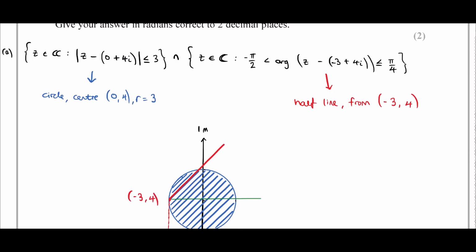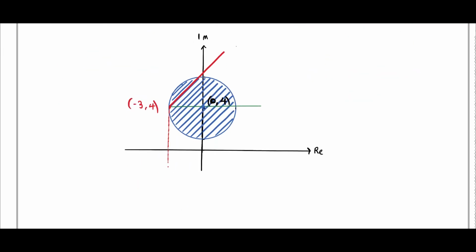This point has coordinates minus 3, 4. The center of the circle, if I show this in black, has coordinates 0, 4. And we want the region essentially everywhere here, if that makes sense.